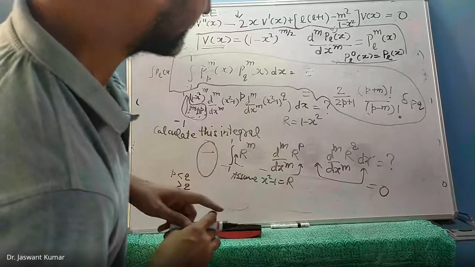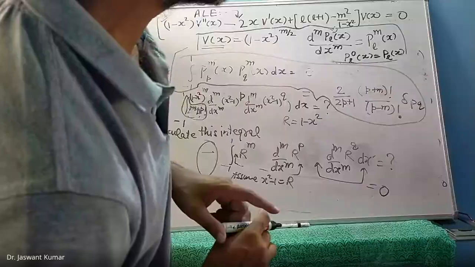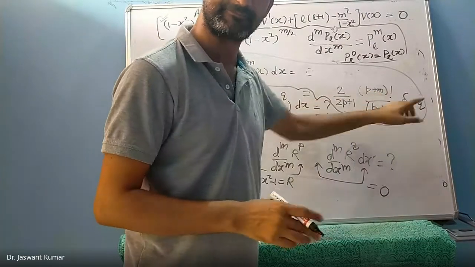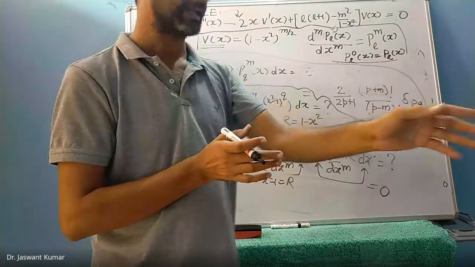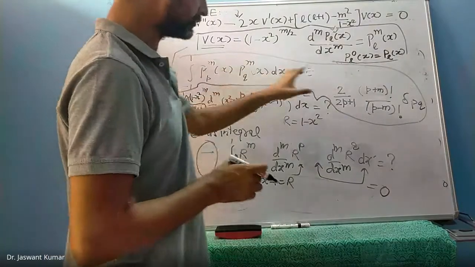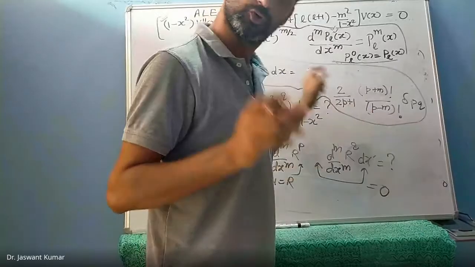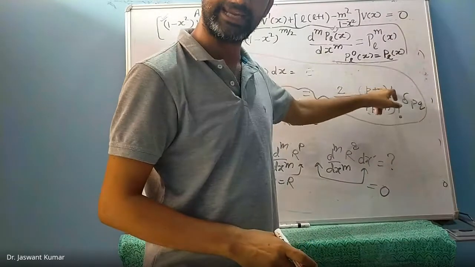सर एक क्वेश्चन. Sir, अगर m same होगा तो सिर्फ एक नंबर होगा ना सर, 2 by 2p plus 1. नहीं, if m is same, then this (p plus m) factorial and (p minus m) factorial will appear. अगर m different हो गया, there will be an m dash term also.